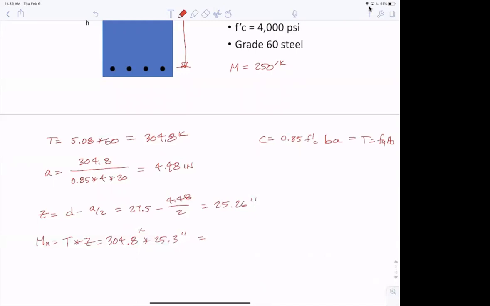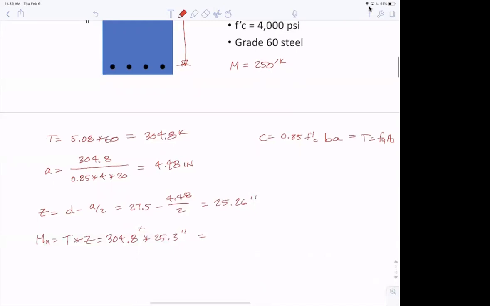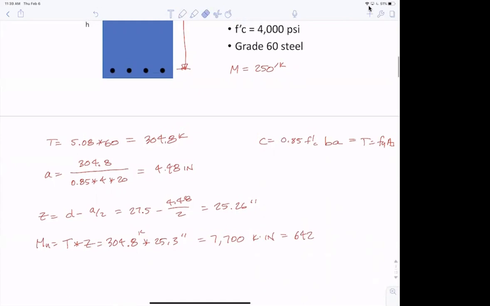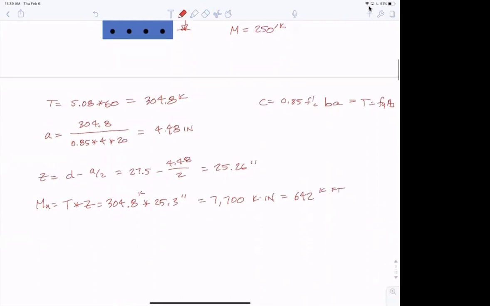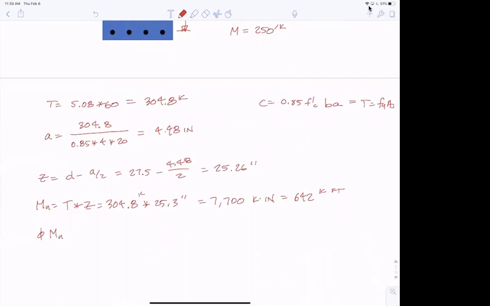That's 7,700 kip inch. 642 kip feet. So phi Mn, the reliable amount of moment, is 0.9 Mn. 577 foot kips.